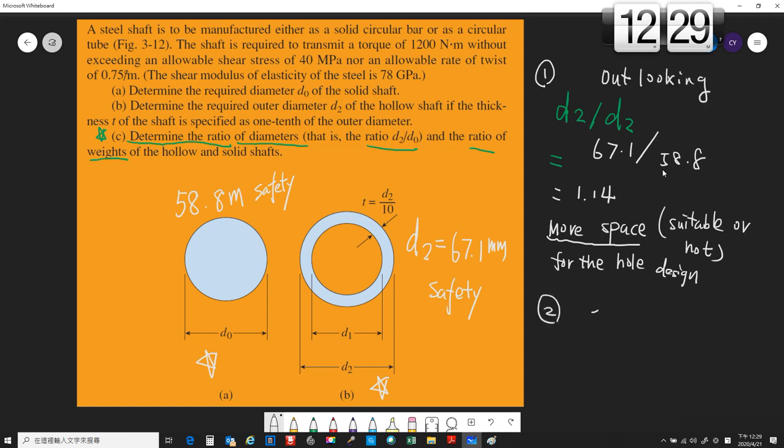And the second issue is economic. When we compare the weight, actually the weight of the hollow compared to the weight of the solid, actually it's the area, because the density is the same, divided by the area of the solid.